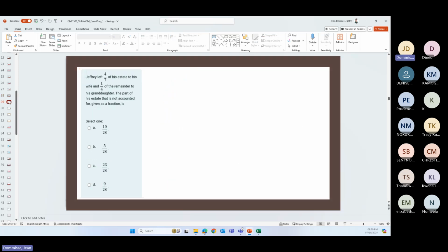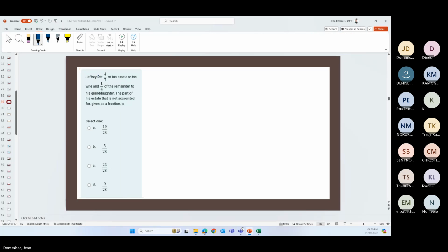So let's look at another question from nearly that first part of your study guide. Jeffrey left 4/7 of his estate to his wife. So this again is a ratio question. And a quarter of the remainder to his granddaughter.